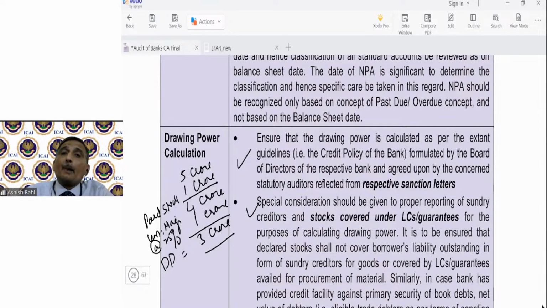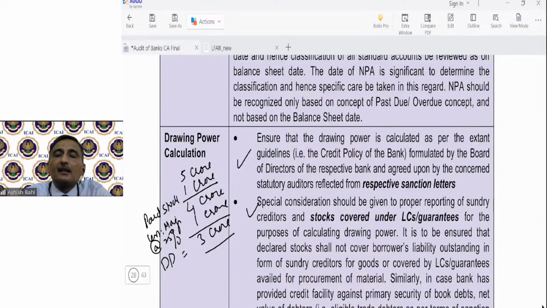And what other points as an auditor would you take care to see? Sometimes the borrower has given loans to its related parties or sister concerns. These are outstanding in its books, and to enhance its drawing power the borrower includes them under the figure of book debts, so that book debts are increased and simultaneously drawing power is also increased.